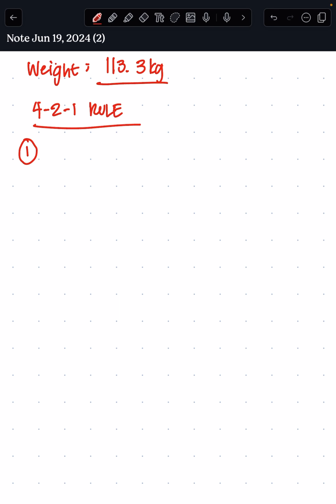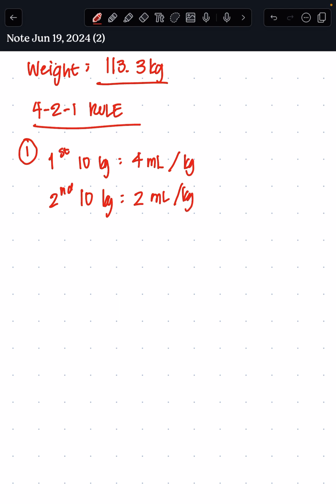So example would be, since our patient is 113.3 kilograms, the first 10 kilograms, we replace it with 4 ml per kilogram. Second 10 kilograms would be 2 ml per kg. That's why it's called the 4-to-1 rule.